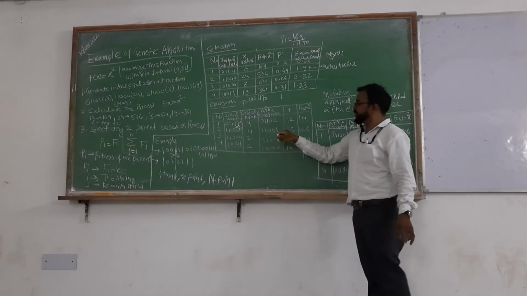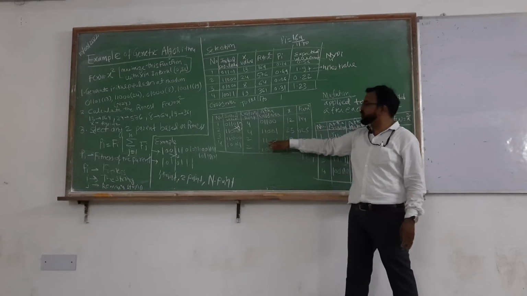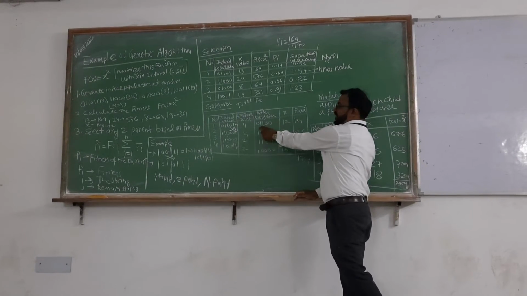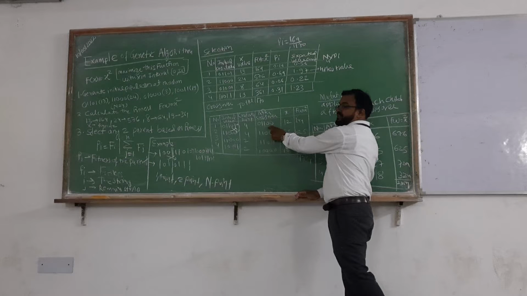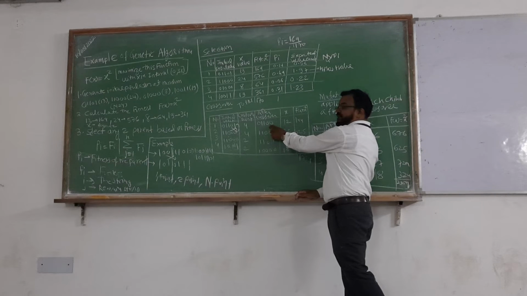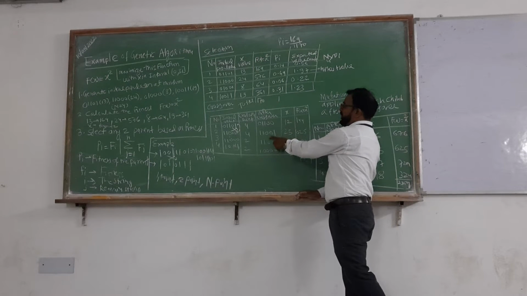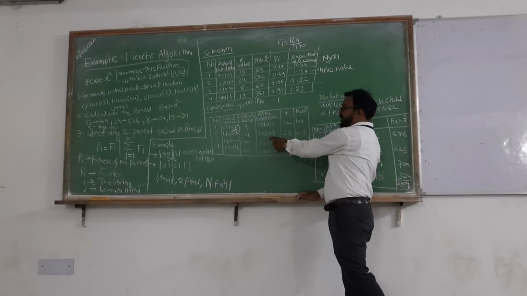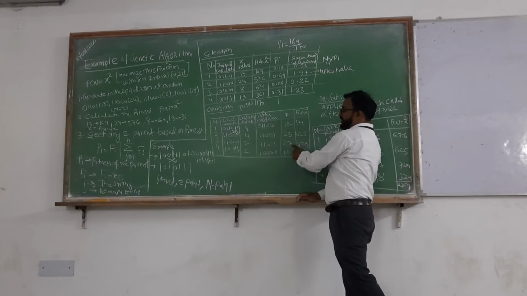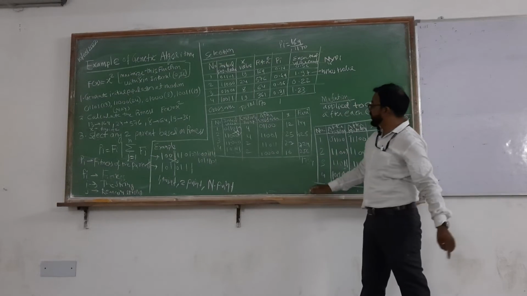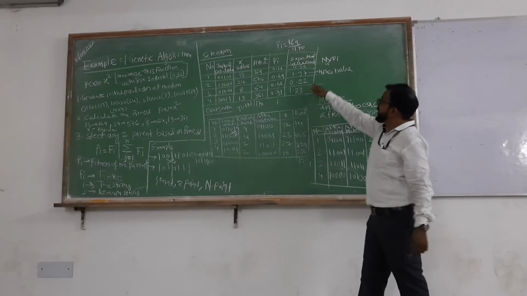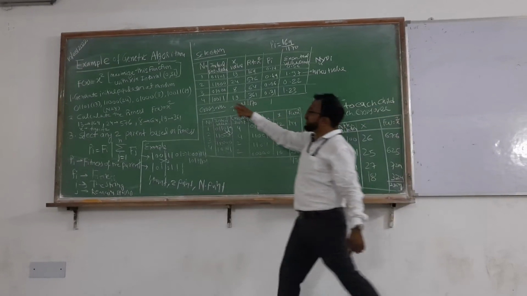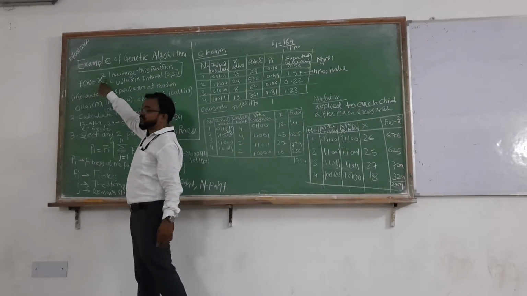So if you apply the crossover you will get x equal to new values. We want the decimal equivalent of this binary number, it becomes 12. The decimal equivalent of this number is 25, this is 27, this is 16. The function is given as f(x) = x square.